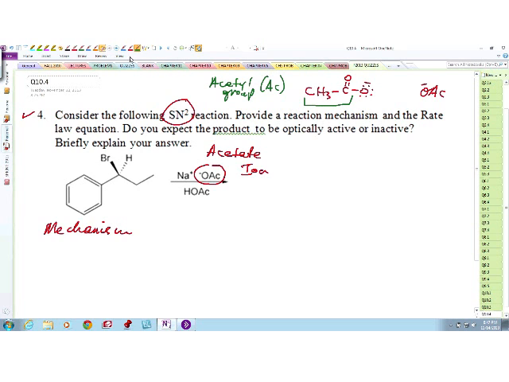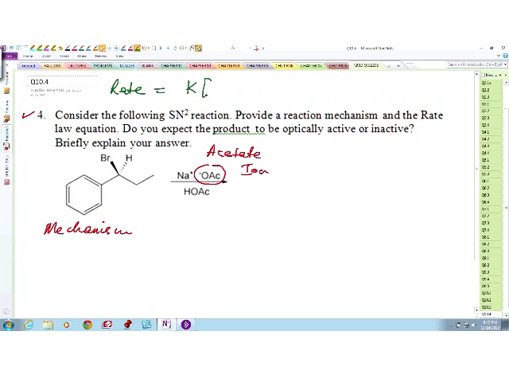So what is going to happen here? The rate law equation, you guys say, will depend on both the substrate and the nucleophile. So rate would be k multiplied by the concentration of the substrate. You simply write RX, or you could write substrate, and the concentration of the nucleophile.